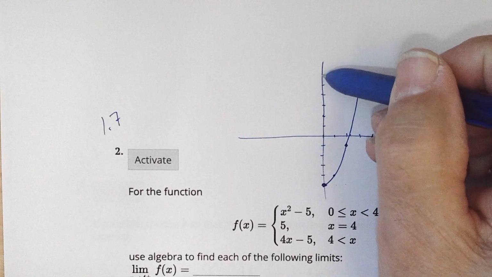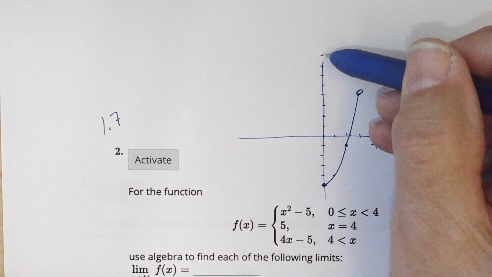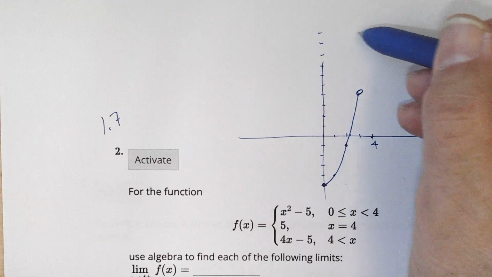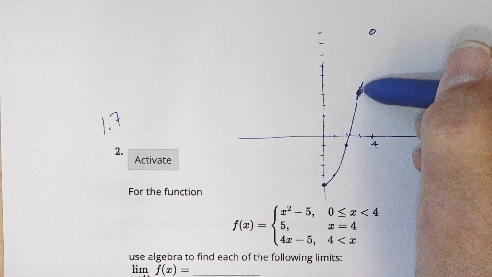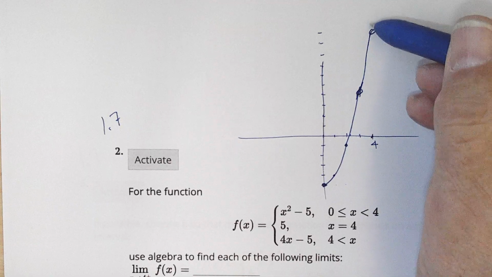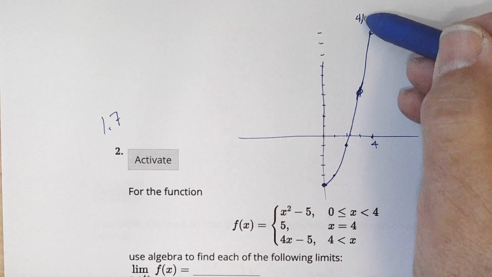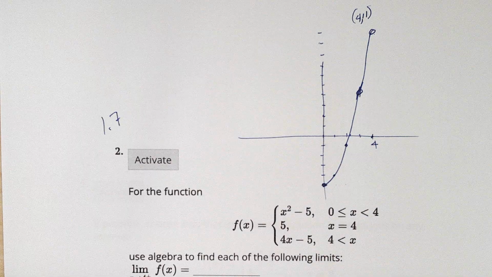So up to 11, it's up here where it's open. So it goes through here and gets up to there. And so we're at 4, 11, but it doesn't exist there.